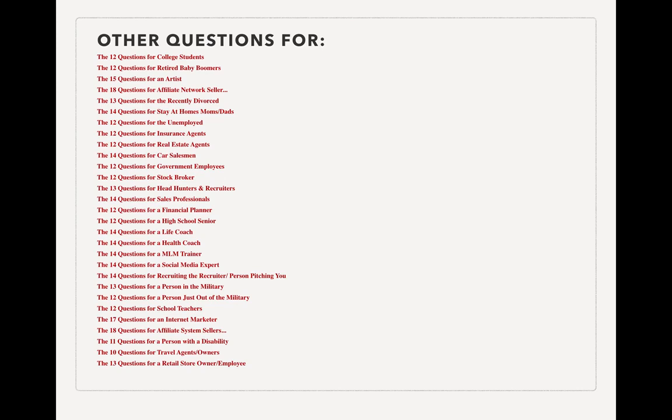If you worked for the government in the last few years or your entire life, and you build your story around that, of course when you promote on Facebook, you're going to attract people that are government employees. So this is how you build your future relationship with them, engaging them, putting those questions, and so on. Sales professionals, high school seniors, MLM trainers, social media experts, recruiters, person pitching you.